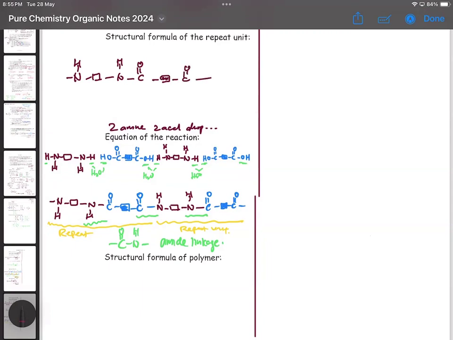So for polymer, we'll simply put bracket N. This same thing represents large number of molecules. That's how your polyamide looks like. And while they react, remember the gist of it is that they will always drop a small molecule, and in this case, the small molecule is water.